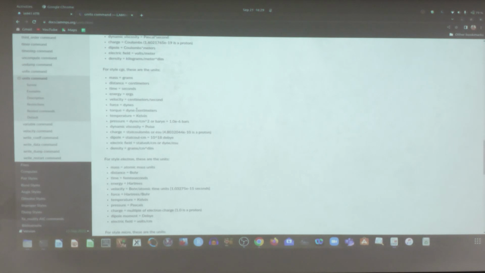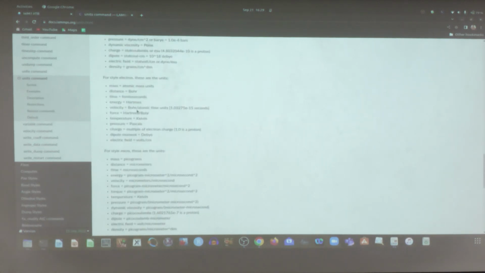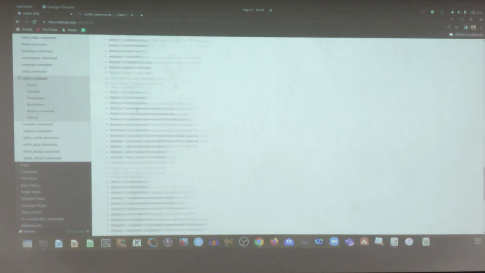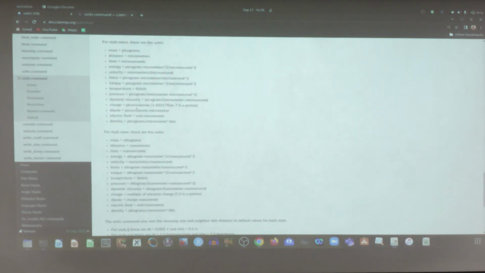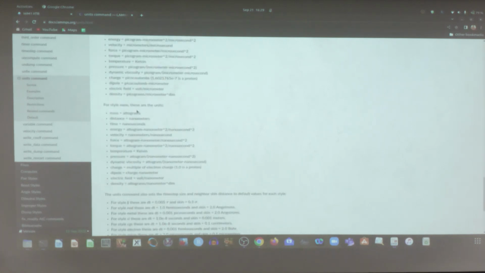There is an electron style also, where distances are in Bohr and mass is in atomic mass units and so on. There is a micro style, where energies are in kilocalories. That was, I think, in real or something. These guys know what it is. And there is a nano style where mass is in attograms. I don't know how much it is. 10 to the power minus 18.